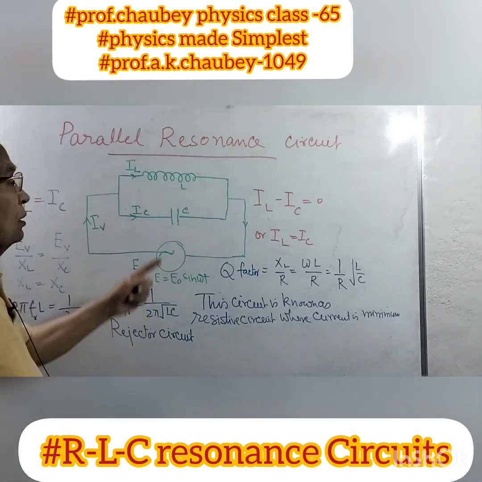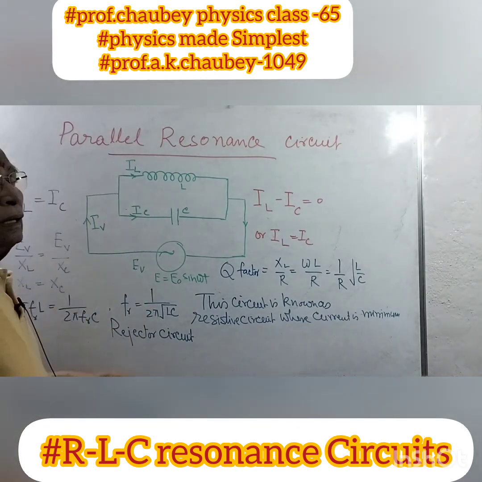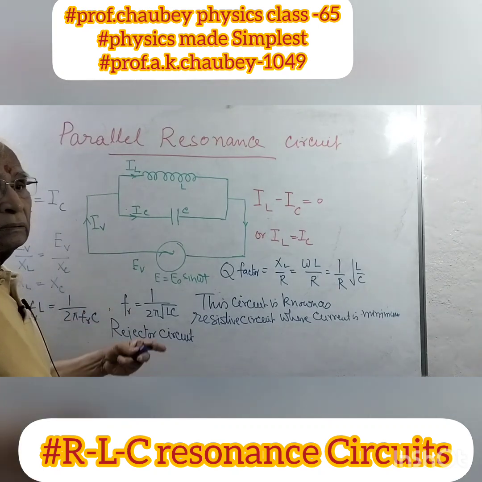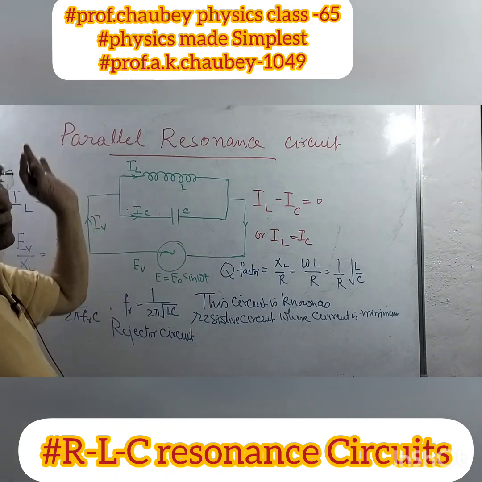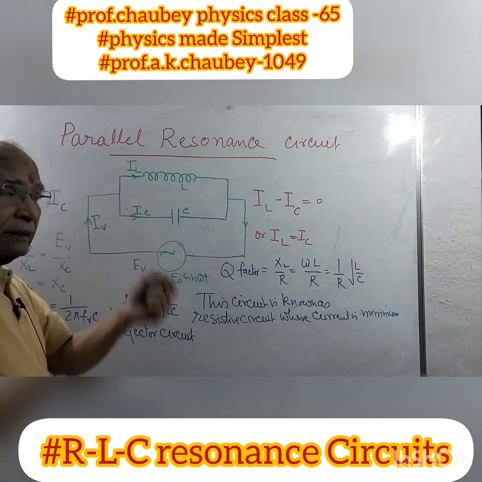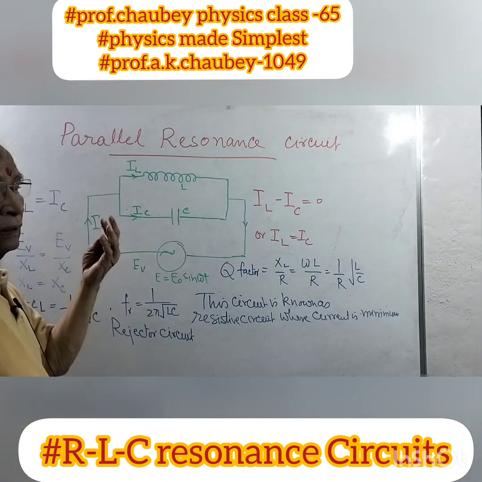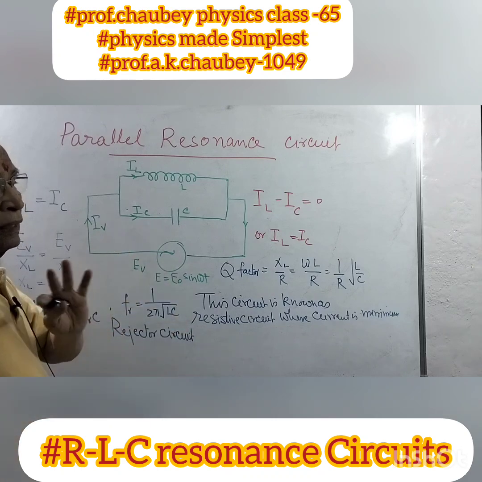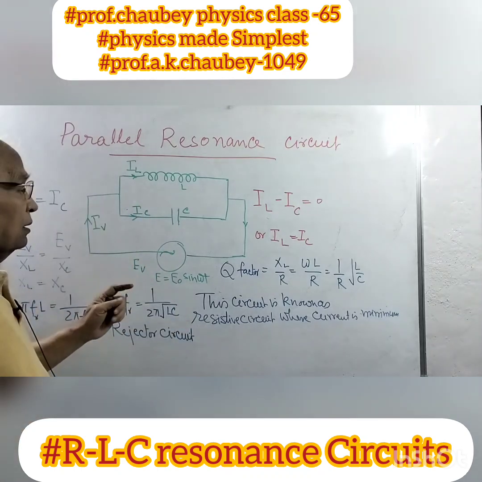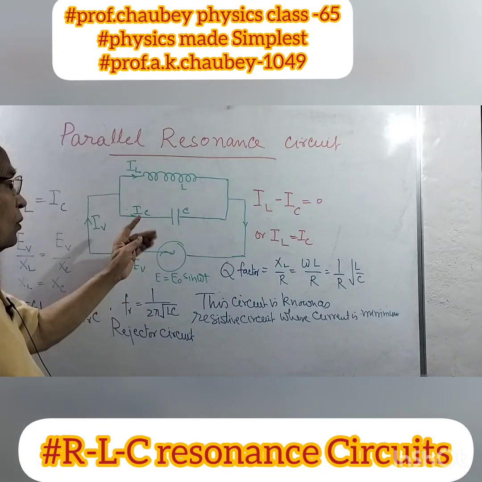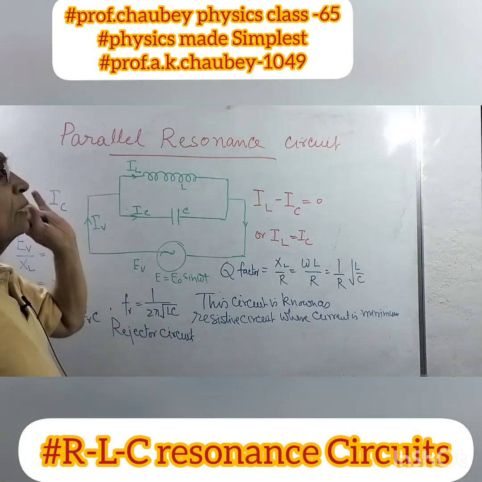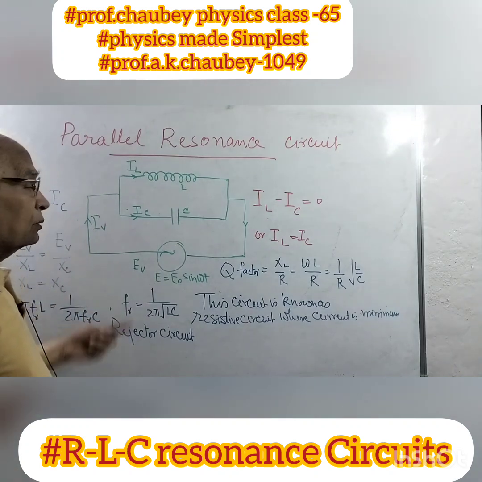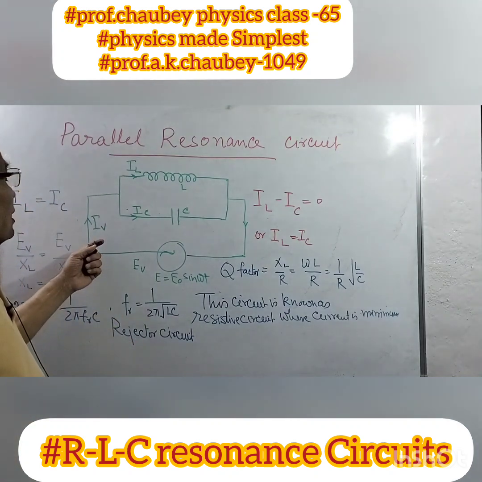Such circuits are used in radio transistor circuits, where we want to reject some frequencies and accept only one frequency for which the current is maximum. All other frequencies are rejected. So those frequencies which are giving a small current will not be allowed, because the current is very small.